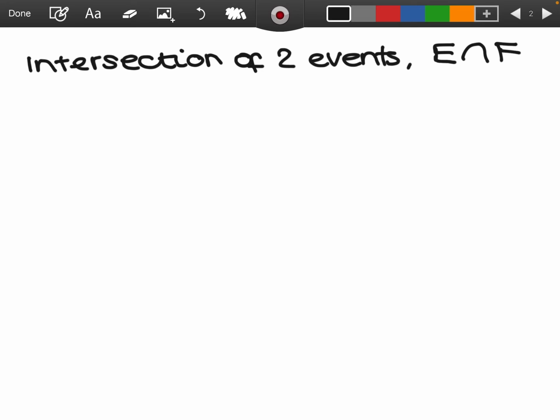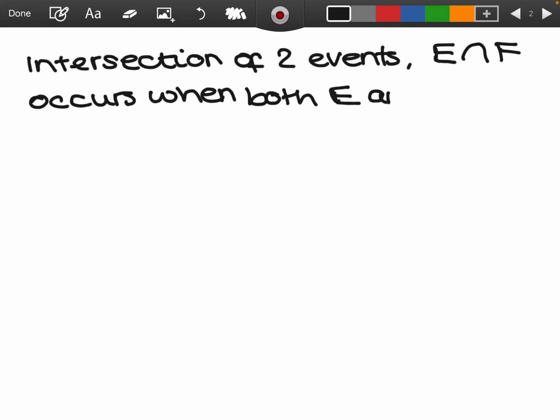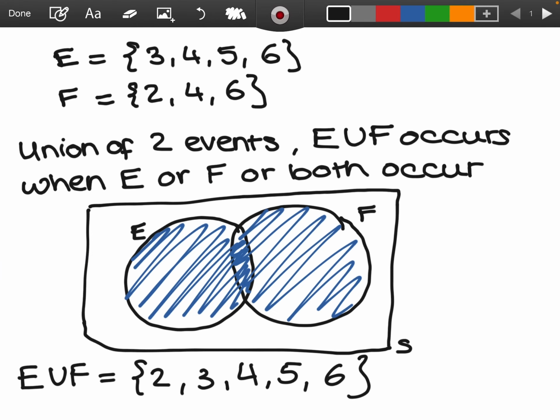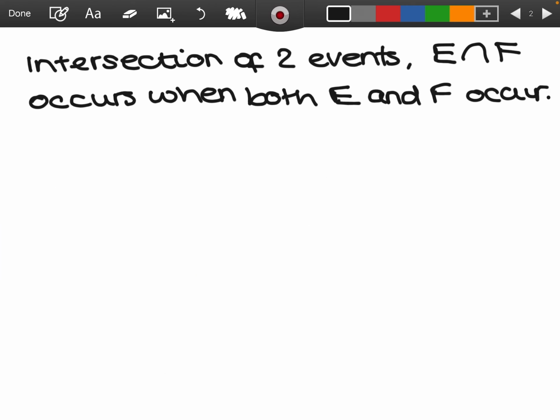So you have to have both of them happening at the same time. Okay. So going back to our example here, that would just be this middle section where E and F overlap.